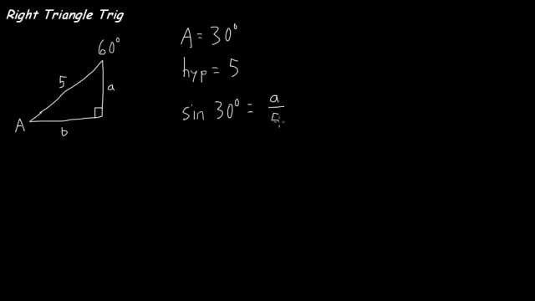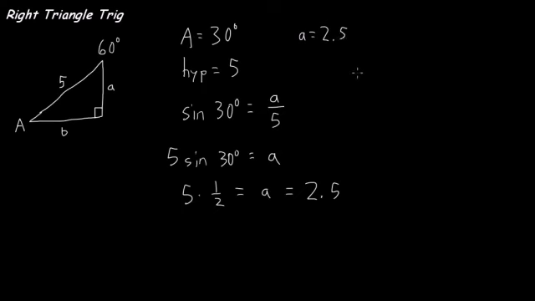And our goal now is to solve for A. So if I multiply both sides by 5, I get 5 times the sine of 30 degrees equals A. And if I simplify this, sine of 30 degrees on the calculator gives us 1/2. So 5 times 1/2 equals A. So A equals 2.5. So I'll put that up here. Side A equals 2.5.